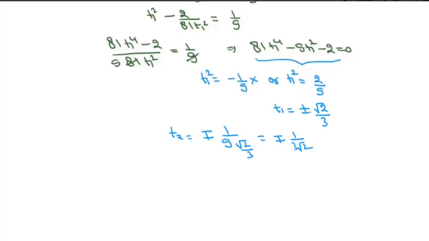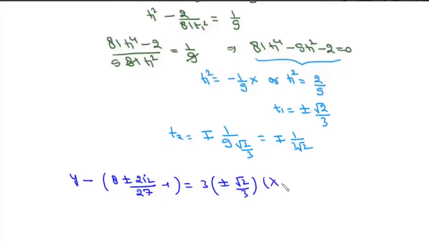Now once we have the values of t1 and t2, we can write the equation of this line as y minus (8 into plus minus 2 root 2 upon 27 minus 1) equals 3 into plus minus root 2 upon 3 and then (x minus (4 into 2 by 9 plus 3)).